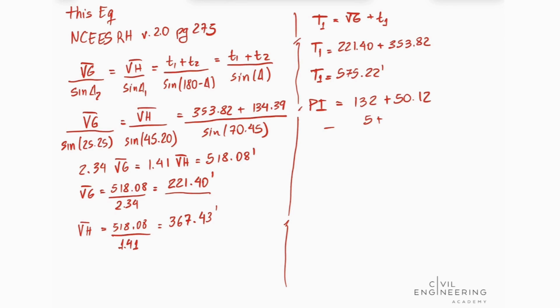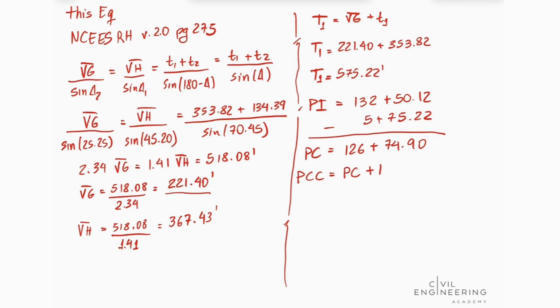So minus 5 plus 75.22. We're going to find out that our PC equals 126 plus 74.90.